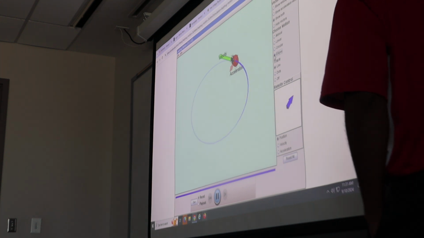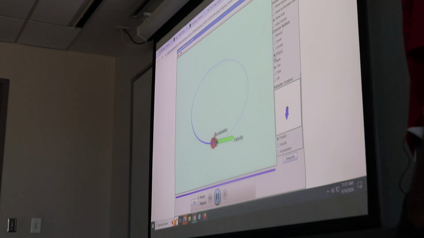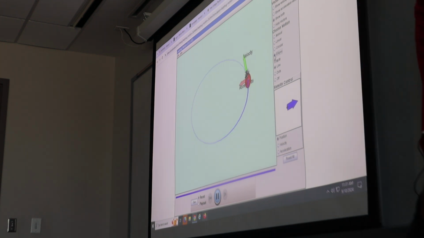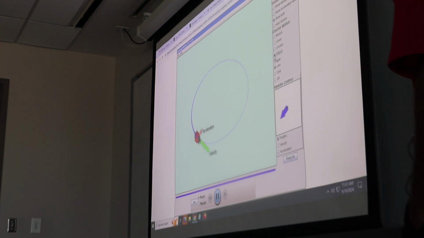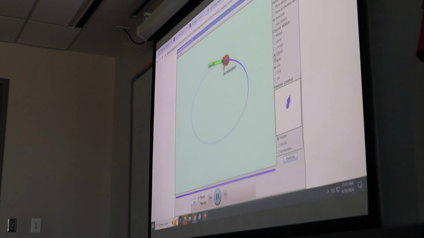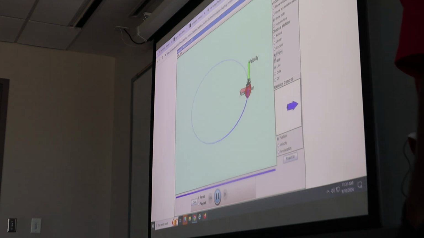So for a full moon, the direct amount of light is not being hit by the Earth. A new moon is the opposite. So full moon is that way. The new moon is the opposite. The sun's light is being hit on the backside of the moon.